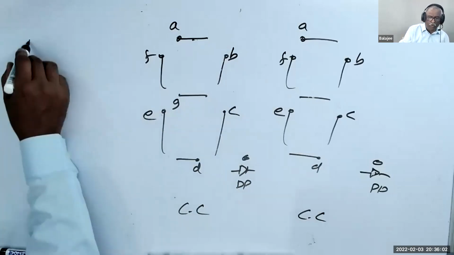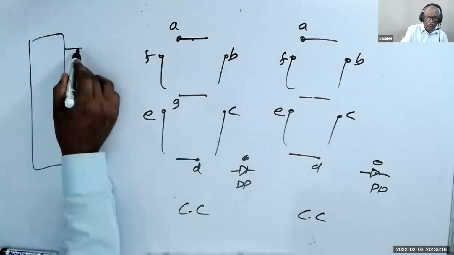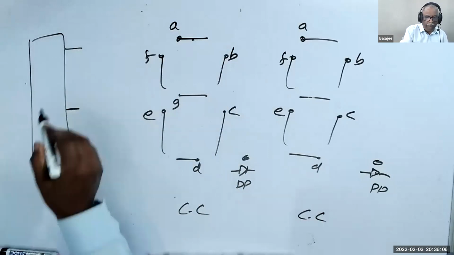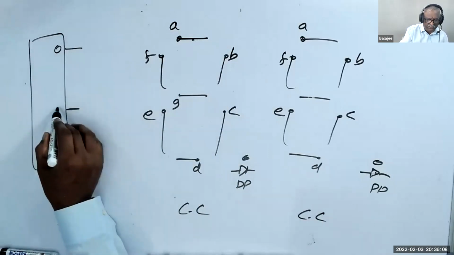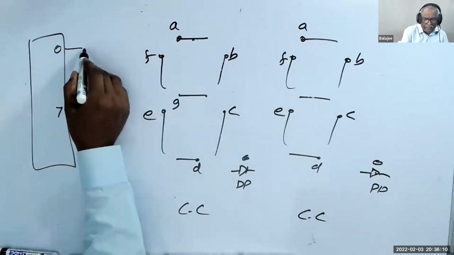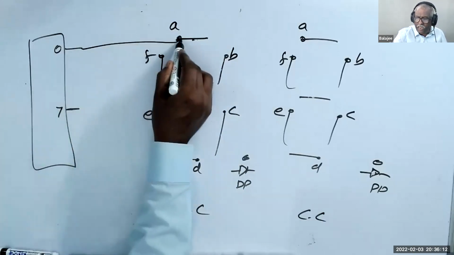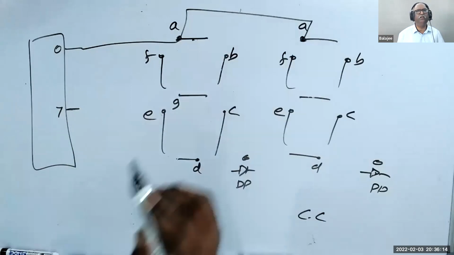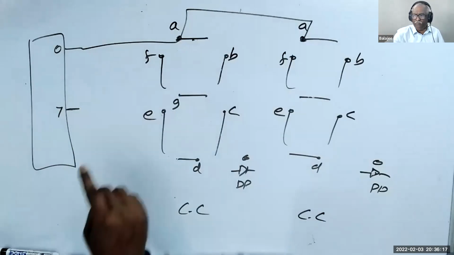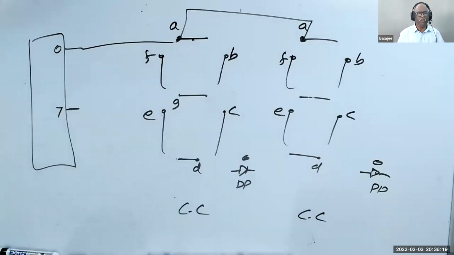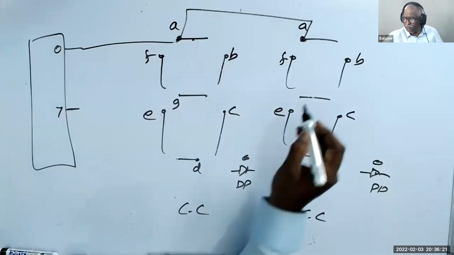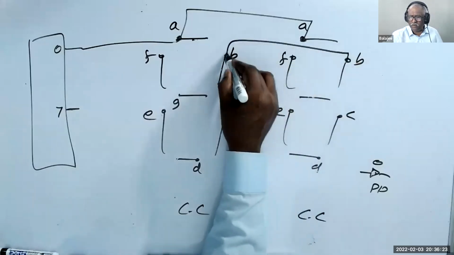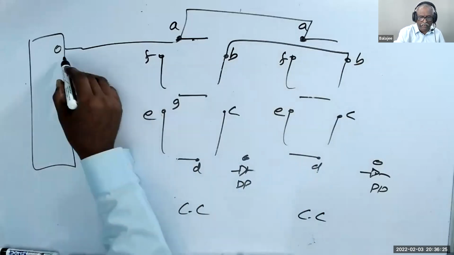Suppose I have a microcontroller which has a port with 8 pins, 0 to 7. I connected pin 0 to A. The same A I connected here. Think of it, I connected both the A's. Same way, I connected both the B's to pin number 1.